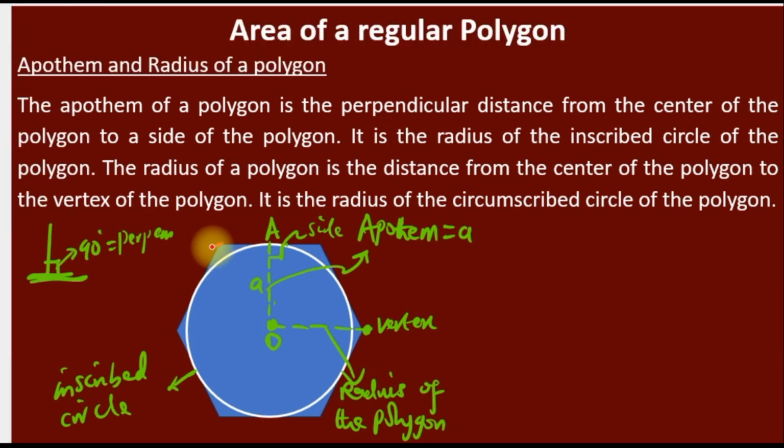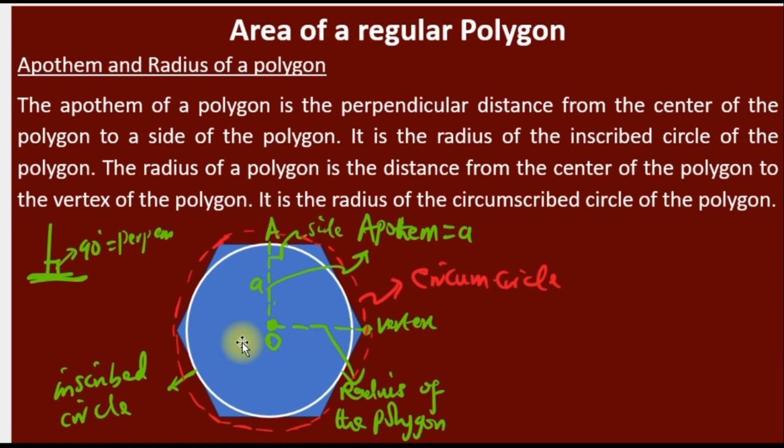If I draw a circle that passes through the vertices, you see that this is the radius of this circumcircle. This one outside is called the circumcircle, this one is the inscribed circle, while the one in red is the circumcircle. So the radius of the circumcircle is the radius of the polygon, while the radius of the inscribed circle is the apothem.